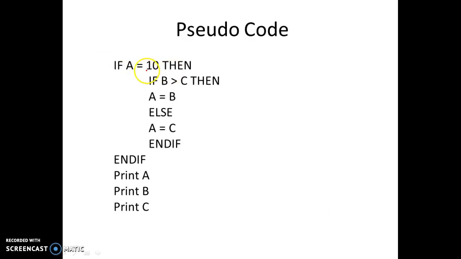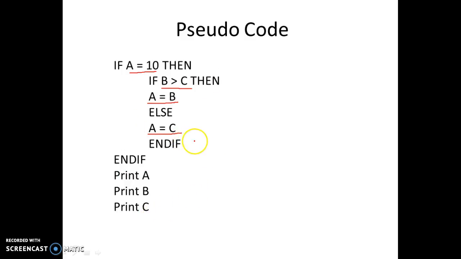If A is equal to 10, and if it is true, then it will check whether B is greater than C. If both conditions are true, then it will execute A is equal to B. Else it will execute A is equal to C. Both statements terminate over here, and then we print the values of A, B and C.